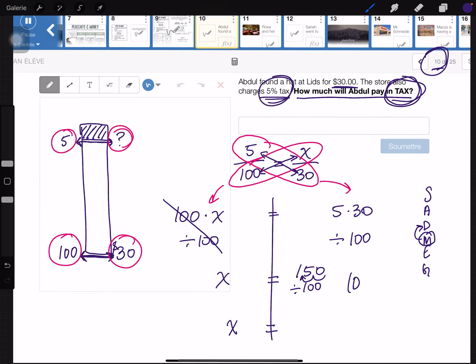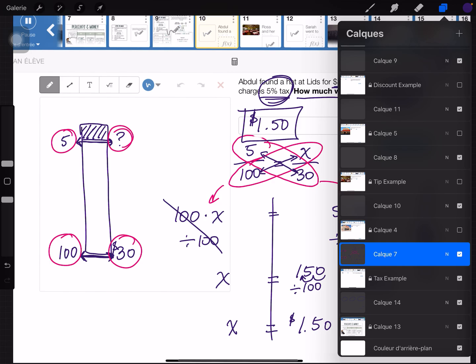So in Desmos, I type in 150 divided by 100, and that should be 1.50. That's going to be my answer. So Abdul will pay $1.50. That's my answer right there.